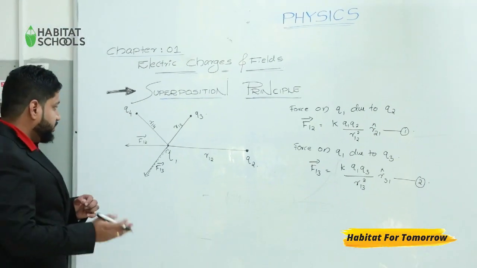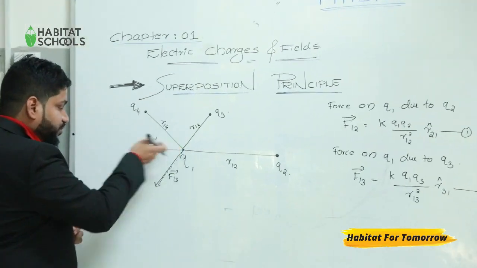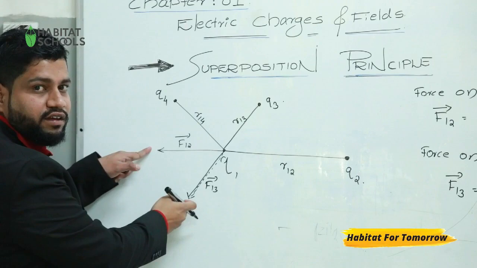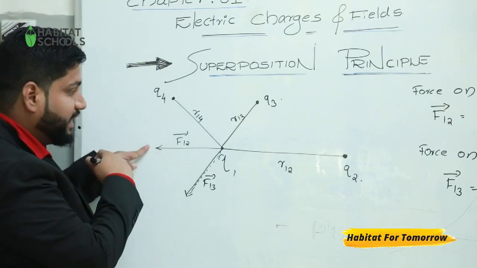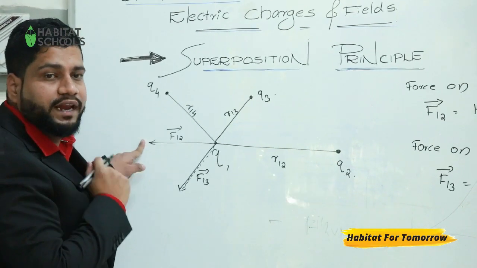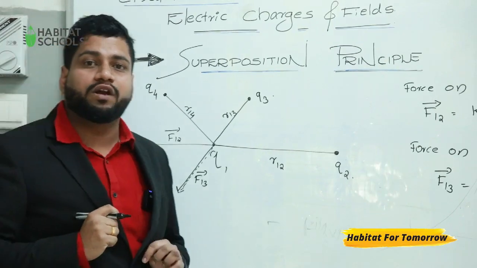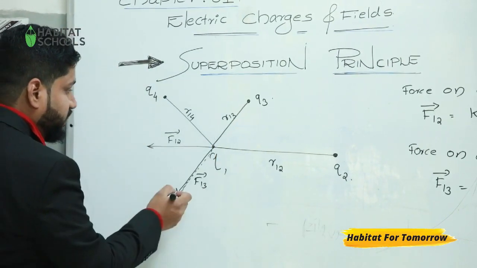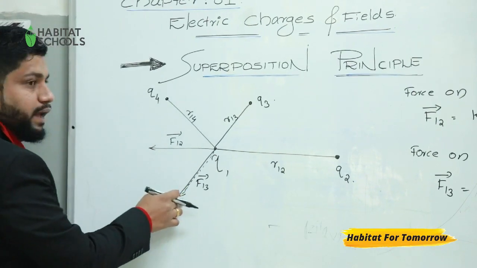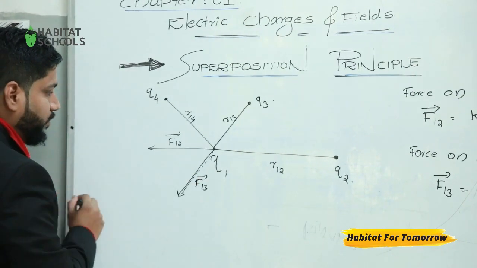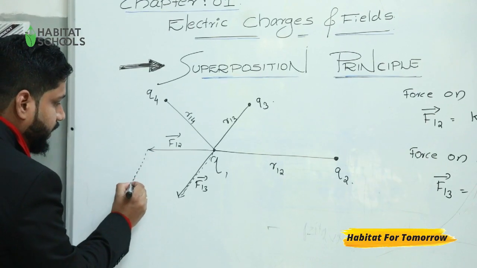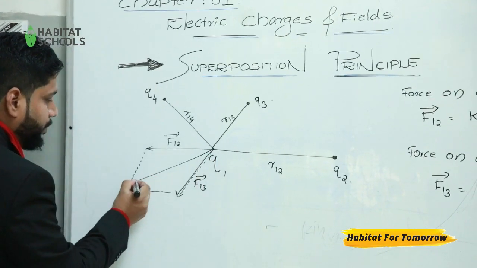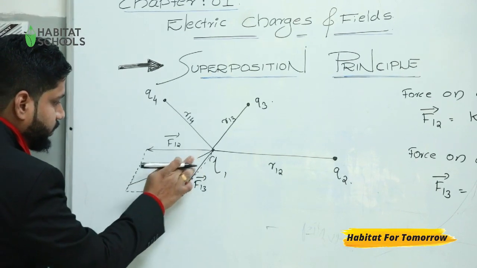All of you please listen here. Here are two vectors, F12 and F13. Then how to find their resultant? We already learned in 11th grade, chapter Motion in a Plane, the parallelogram law of vector addition. These two vectors are two sides of a parallelogram. Then you can draw the parallelogram and this diagonal will be the resultant.